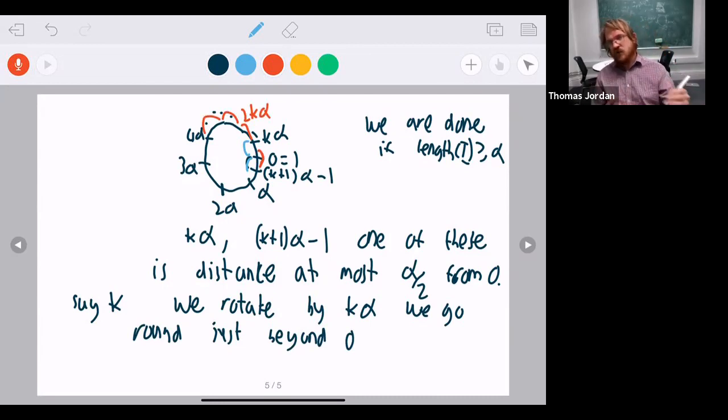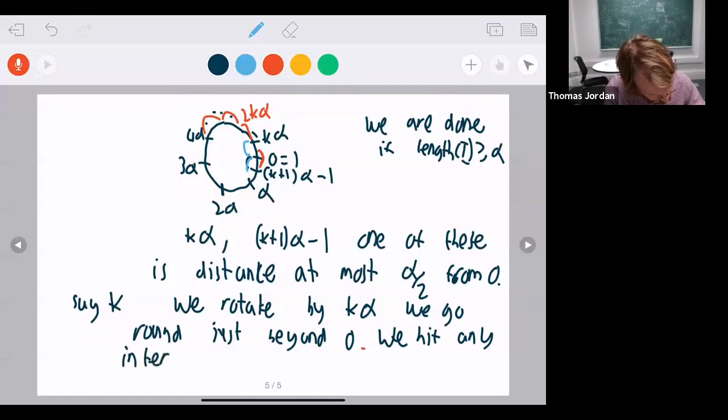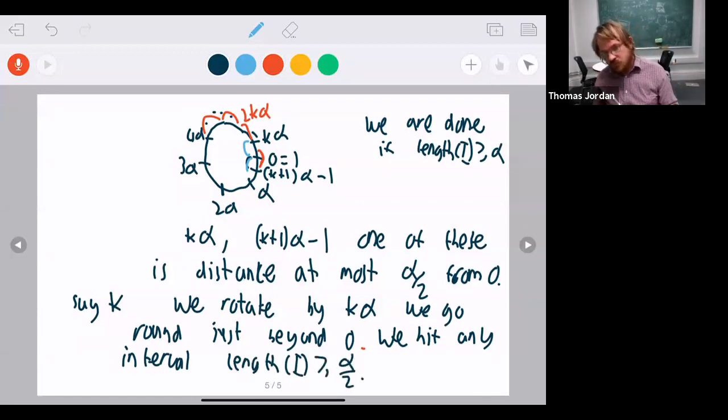So we'd get the same thing with 2 points straddling 0, but now we hit any interval where the length of I is greater than or equal to alpha over 2, because now these red terms are apart by alpha over 2.